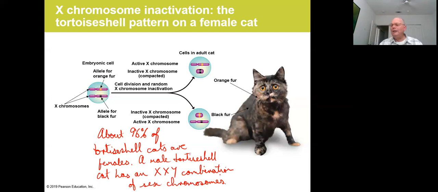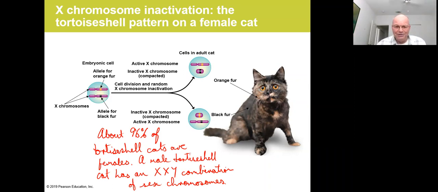so if you happen to come across a male tortoiseshell cat, you can be very confident that his sex chromosome combination is XXY. And this is what leads him to be tortoiseshell, because one of those two X chromosomes gets shut down just as in the female cats.